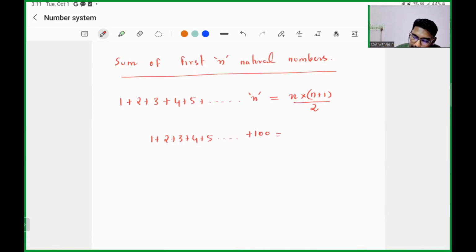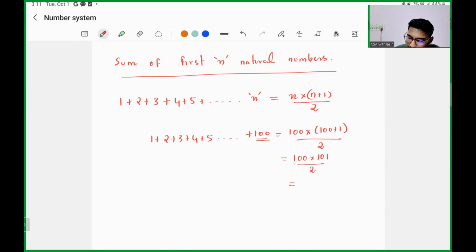Here n is 100 because you are adding till 100. So just substitute n as 100. So this will be 100 into 100 plus 1 by 2, which is 100 into 101 by 2.